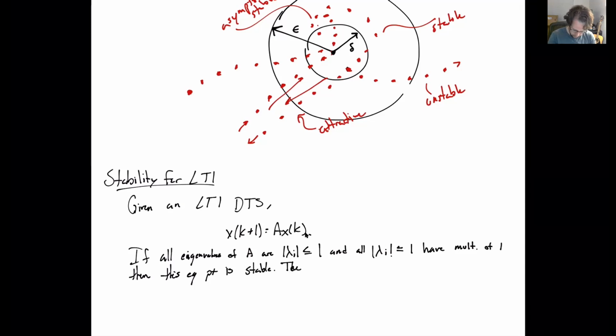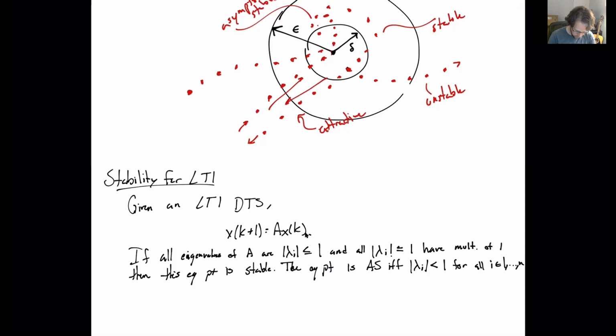The equilibrium point is asymptotically stable, I'm just going to say AS, if and only if the norm of the eigenvalues is less than 1, for all eigenvalues 1 to n.